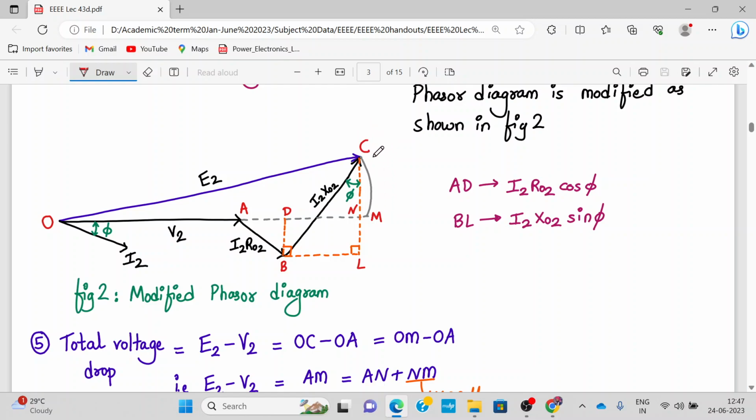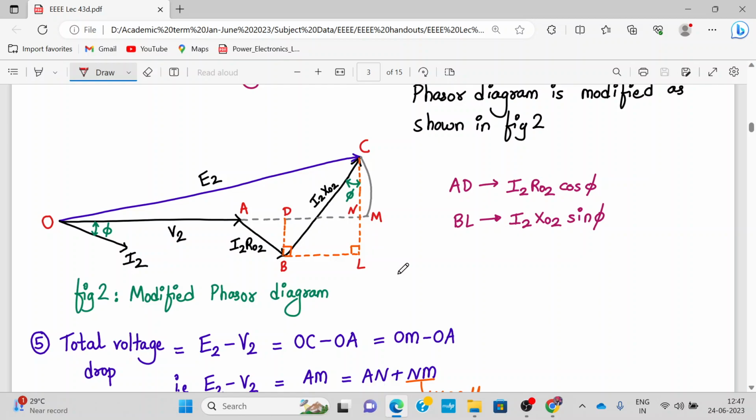Let me mark this point as C and this point M. Now extend this to the point I call A, extend this with a dotted line to M. Then draw a perpendicular from C down till L, and draw a line BL in dotted line. Also draw BD perpendicular, parallel to the line AM. So these are the things we have added: lines AM, AN, BD, BL, and CL. Alright, so this is the modified phasor diagram.